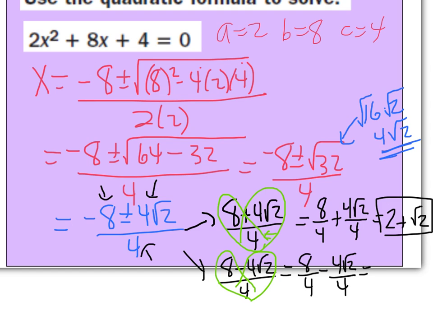Again, 8 over 4 is 2, and then minus 4 divided by 4 is 1, square root of 2. So the two answers here are 2 plus the square root of 2 and 2 minus the square root of 2. So with the quadratic formula, you're either going to get two real answers like this, you might get one answer, like we did on the other slide, or you're going to get a square root of a negative number, which means there's no real solution.